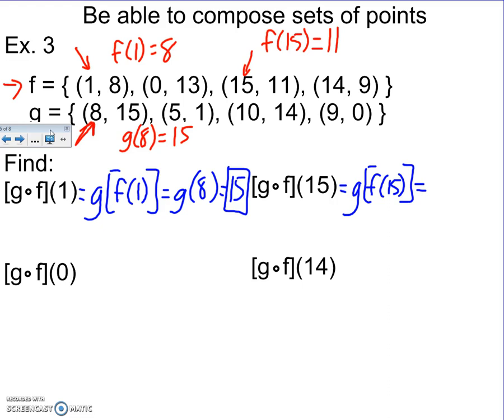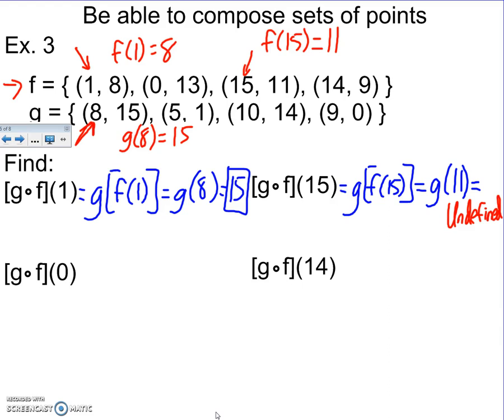So I know this is g of 11. I go to the bottom equation, plug in 11 for x. We don't see one there. There's no 11 down there. So that means this does not exist. It's undefined. So earlier I told you that sometimes it does not exist because it didn't have something to go to calculate.